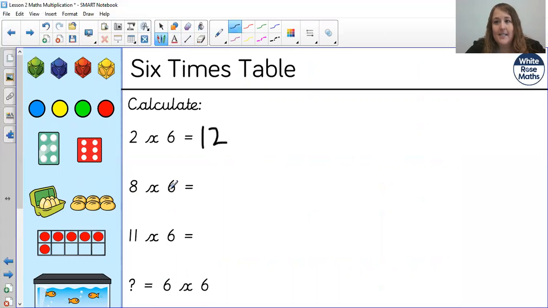8 times 6. Now this was one that we doubled. We started with 1, 2, 4, and 8. So it would be great if you had the answer of 48 and if you use that table to help you. And now 11 times 6, that was one of our pesky ones. But if you remember, we went to 10 times 6 first of all, which was 60, and then we added 1 more.